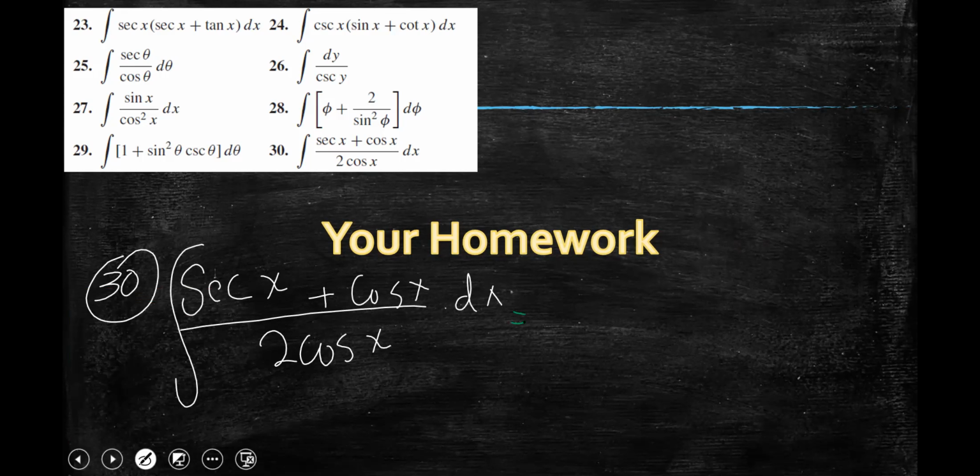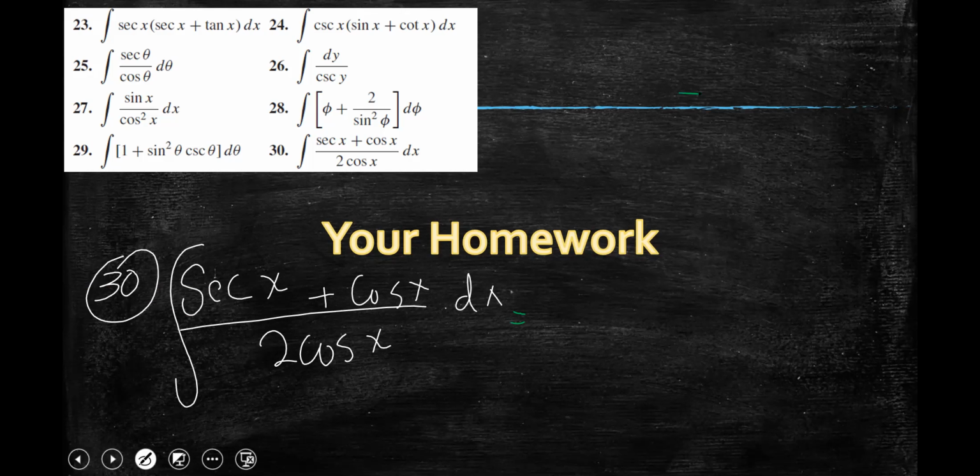Okay, what do I have to do here? Simplify, yes. How? We will distribute the 2 cosine. Why?